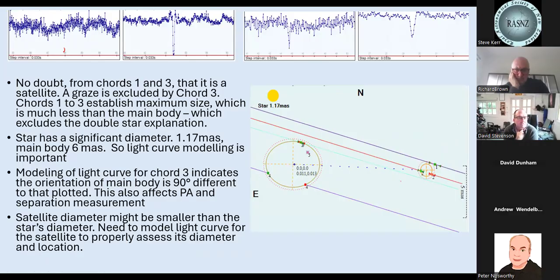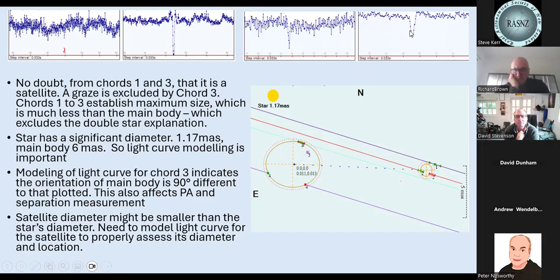4 chords. There's that chord is this one. Oh, those chords match these chords here somehow or other. Small asteroid.